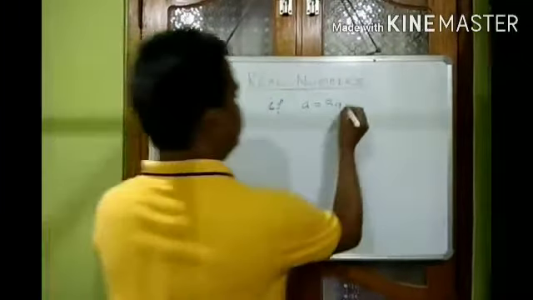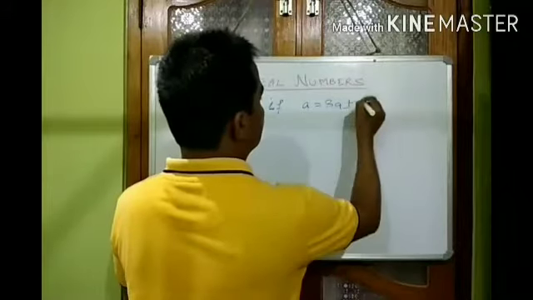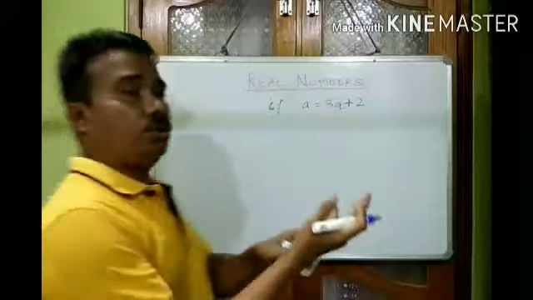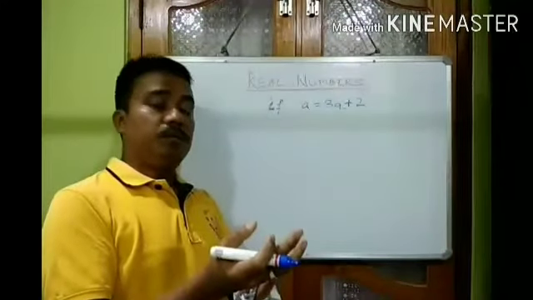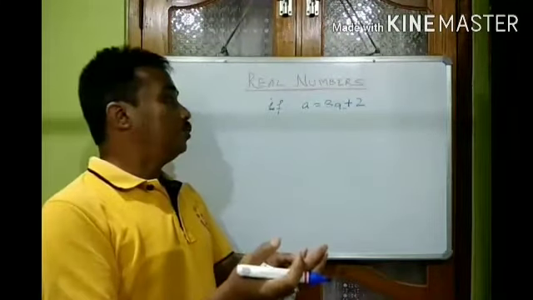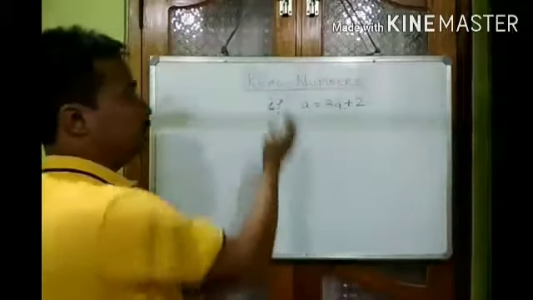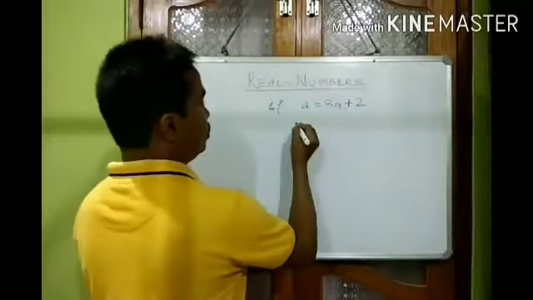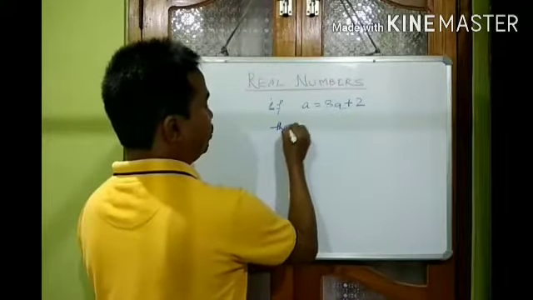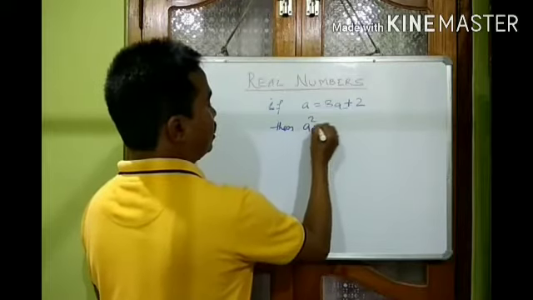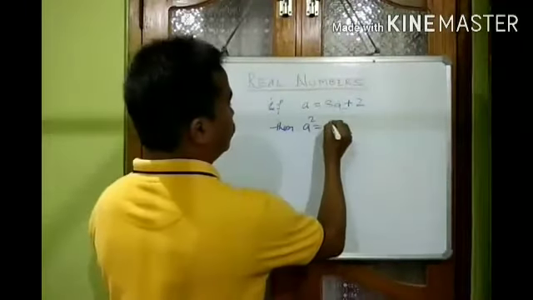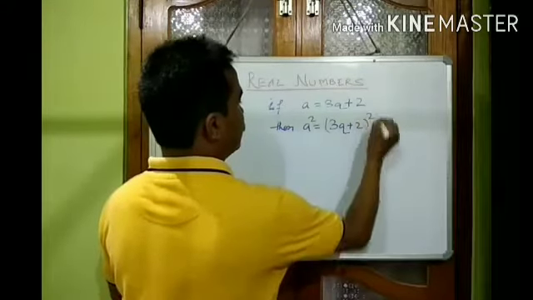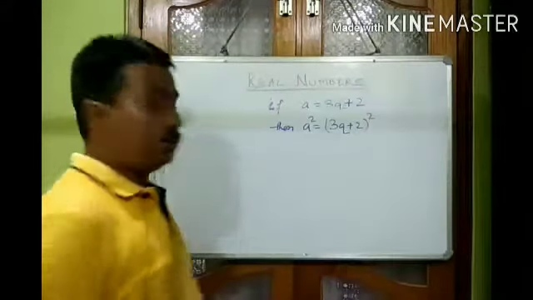Finally, the last one. If a is equal to 3q plus 2, since r has taken value 0, r has taken 1, r has taken value 2. So if r is equal to 2, then a is equal to 3q plus 2. So when a is equal to 3q plus 2, then squaring both sides, a square is equal to 3q plus 2 whole square.